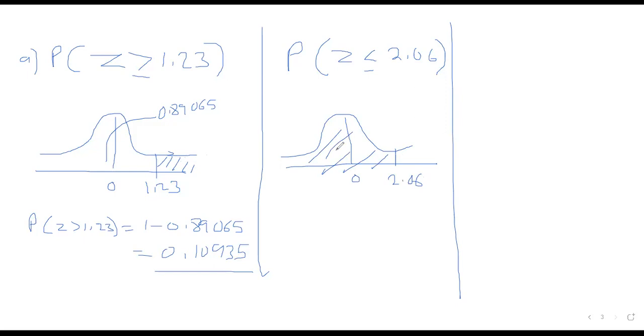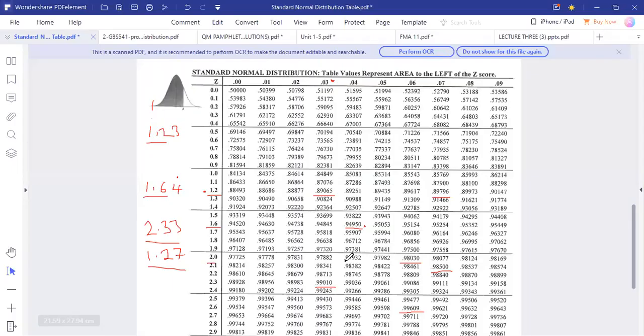If the reading is big, and using the cumulative table, we read directly. So we go into the table, check 2.06: 2.0 and under 6, what is the reading? 0.9803.